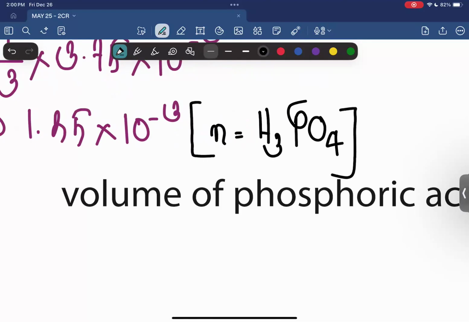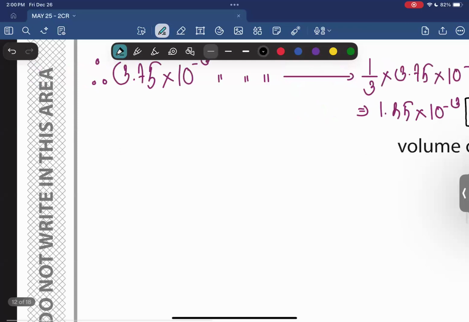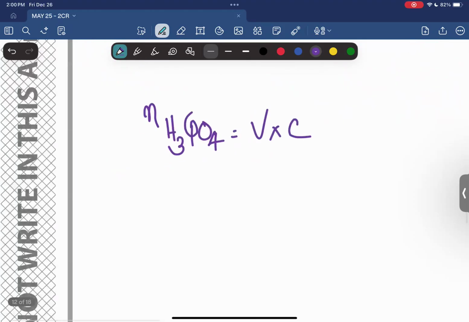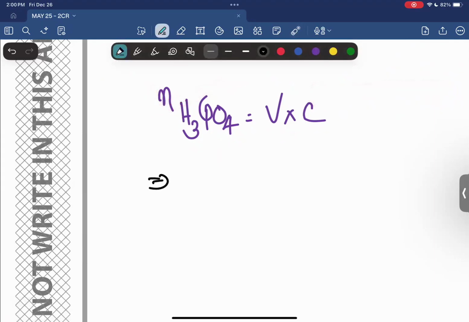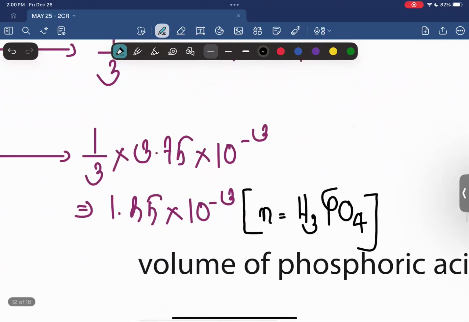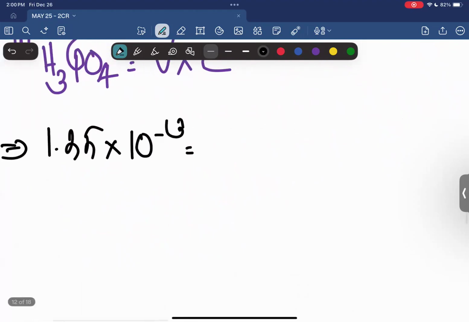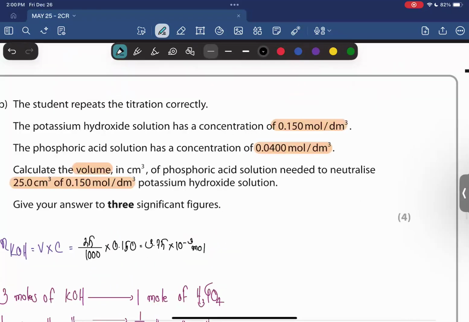Now you have the moles of phosphoric acid as well, right? So what? You know that n of H3PO4 should be equivalent to volume times concentration. You have the moles, you have the concentration, you could easily figure out the volume, right? So yeah, put all of this into this. So moles 1.25 times 10 to the power minus 3 equals to volume times concentration is given 0.0400.